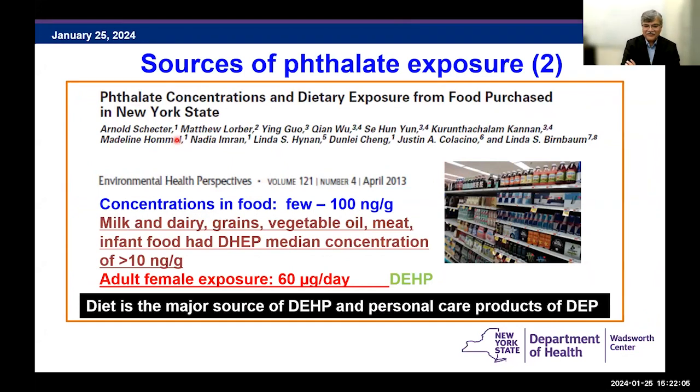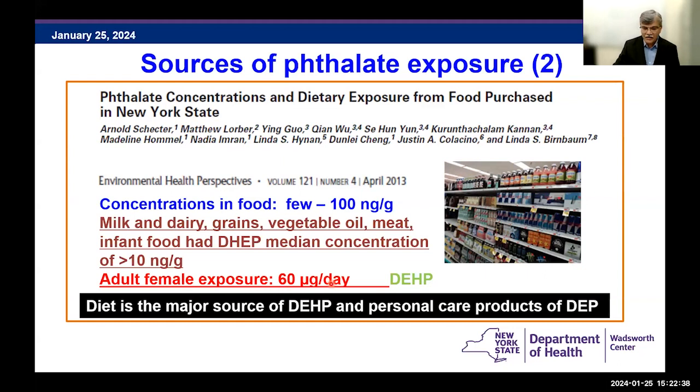It's an important source for many chemicals. So we analyzed a wide range of food, like grains, cereals, oils, dairy products, vegetables, all kinds of things. And we measured phthalates. We can find few nanograms per gram to 1000 nanogram per gram. That was the highest concentration we found in food. So based on the ingestion rate of each kind of food, we calculated the daily exposure dose in adult female.